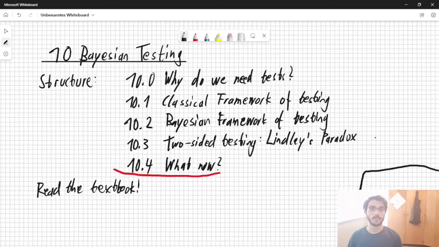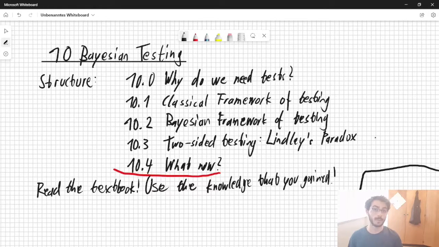And the second thing that you can do is use the knowledge that you have gained here. I hope that this course gave you a different view on statistics in general. I hope you've gotten a better understanding. The point of this course was not to convince you that Bayesian statistics is better than classical statistics.